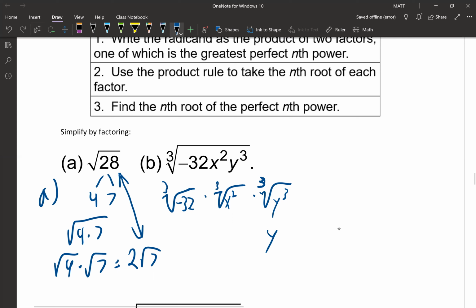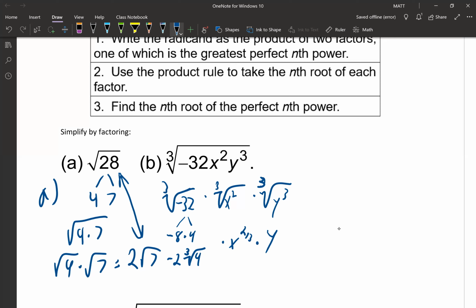When we have x squared under the third root, that's the same thing as saying we have x to the 2/3 power. And notice in negative 32, we have a factor of negative 8 and a positive 4. The third root of negative 8 is just negative 2. So this turns into a negative 2, and we still have the third root of 4.